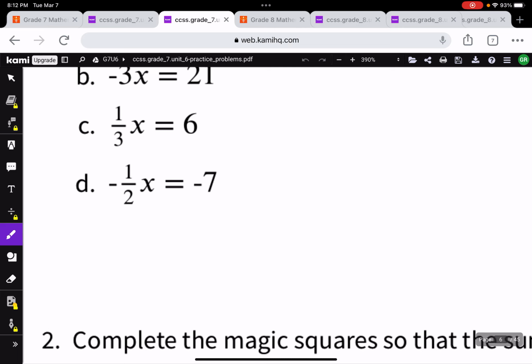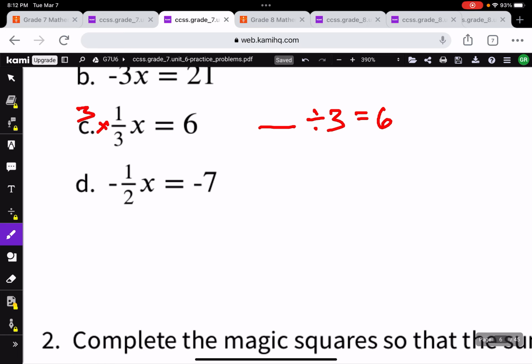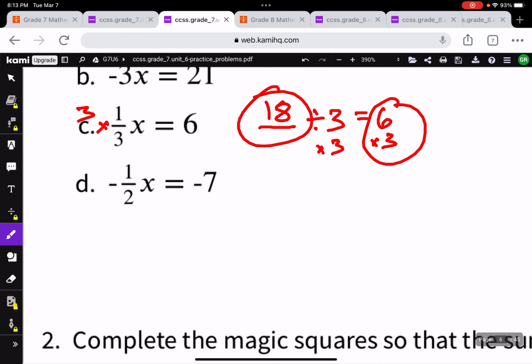This is kind of like saying 1/3 of something, remember, is like taking a number and dividing it by 3. So what divided by 3 is equal to 6? And if you remember, the way we solve this is I want the inverse of 1/3, which is what times 1/3 equals 1. We want to times each side by 3. So actually, what would I do here? I'm timesing each side by 3. And guess what? There's our answer.